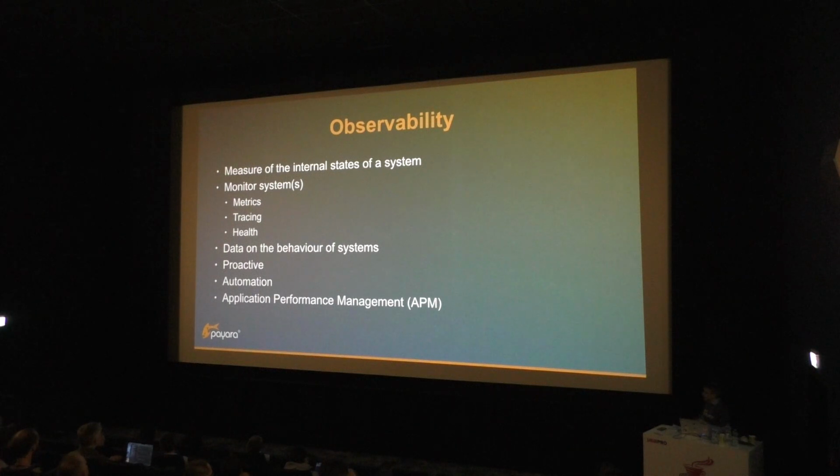So we need to collect data on the behavior of the system, so not the functionality, because that is hopefully done by some testing, but we need to know what's going on within your system and how it is behaving. We need to do it proactively, because it doesn't make sense to start looking at your system when it's already half down, when it's not responding anymore. Then you probably won't find any cause or clues what your issue is. So we need to do it proactively, automatically.